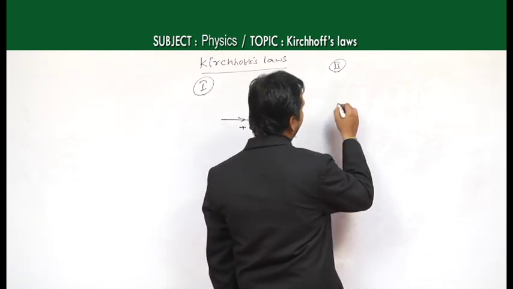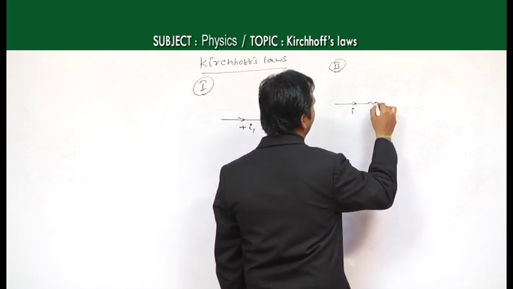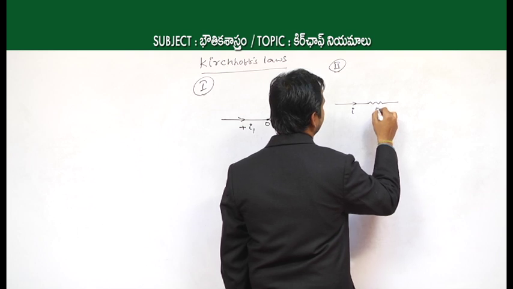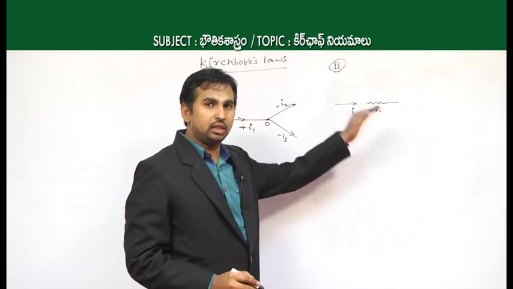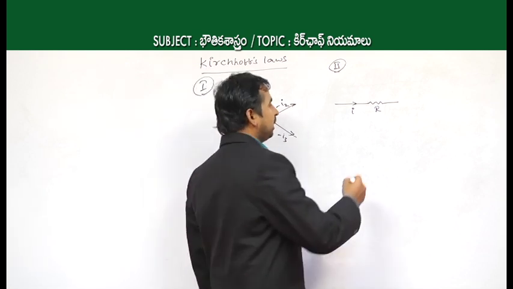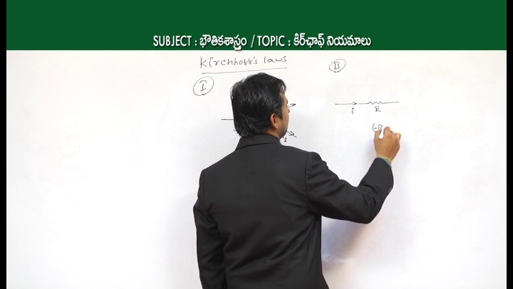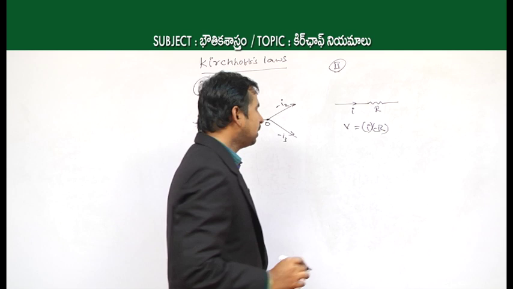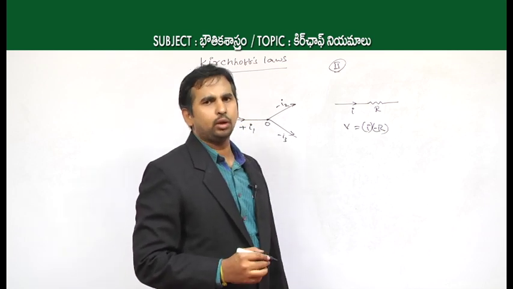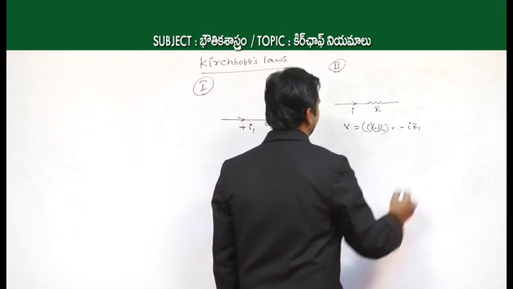If you are going in the direction of current across a resistance, then we take the potential drop as minus R times I, that is V = I times minus R, which is taken as minus IR.